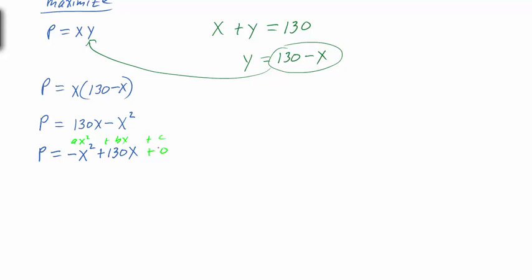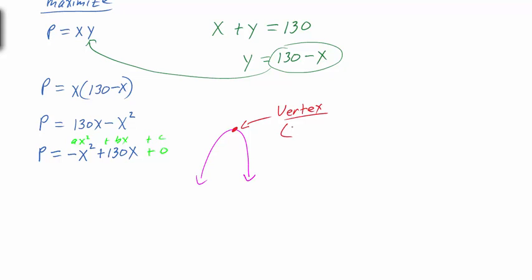We know the graph is going to be a parabola, and our a value is negative, so this is going to be a parabola that opens down. So if we're trying to find the maximum value, that means we're looking for the vertex here.